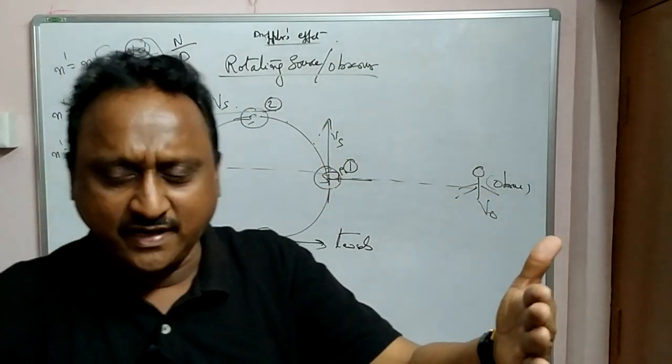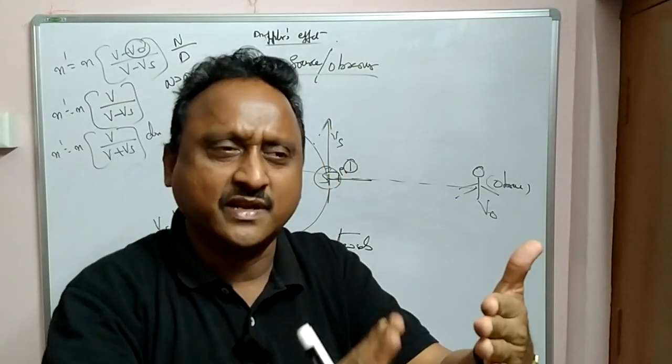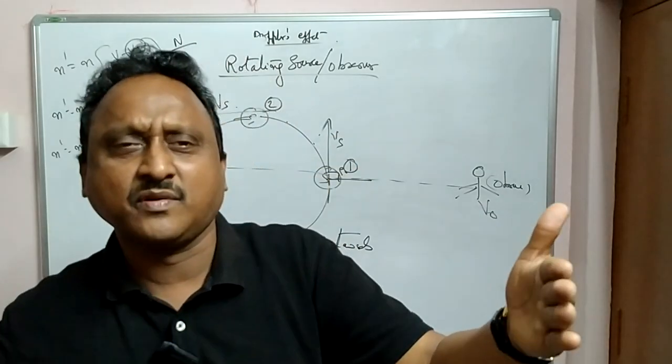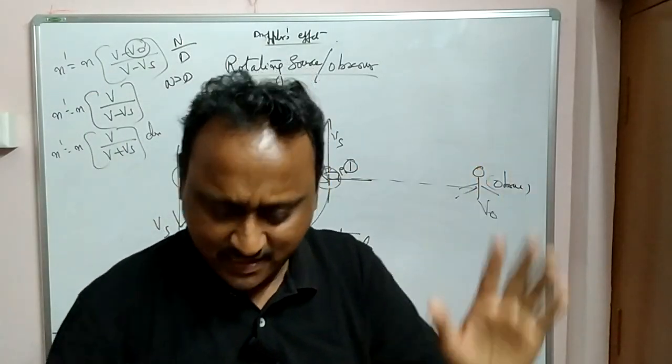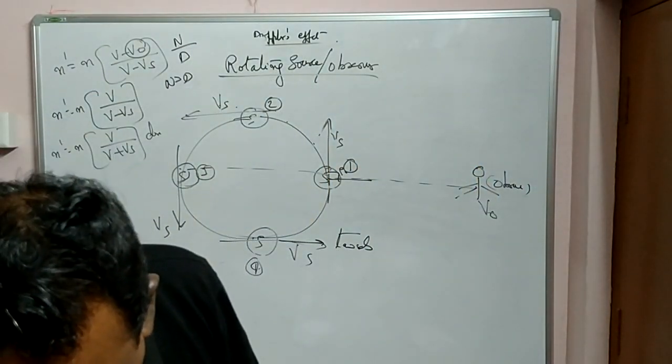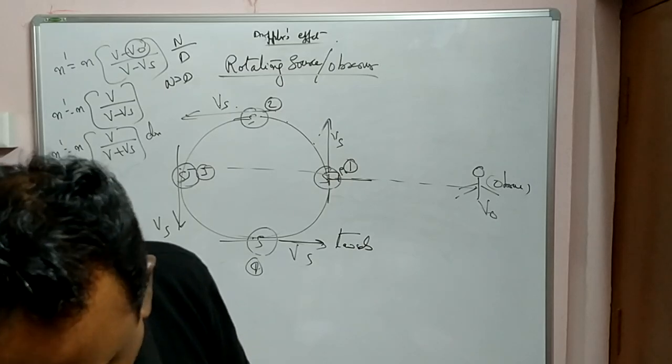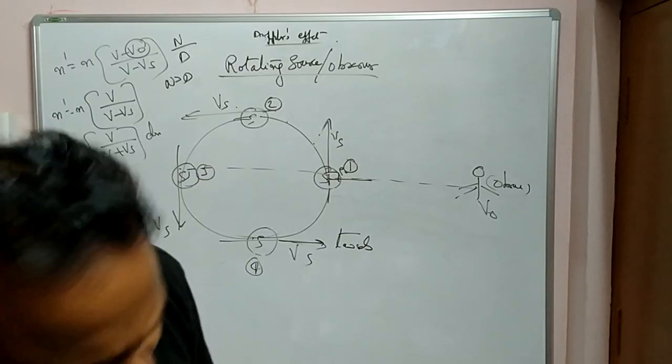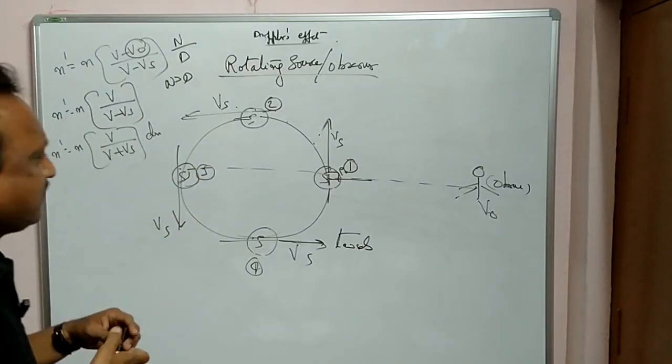As you know, when the source of sound is coming towards the observer, the frequency increases. Going away from the observer, it decreases. Clear? So these two things you have to put in your mind: F maximum and F minimum. When the denominator is more, the frequency is minimum.